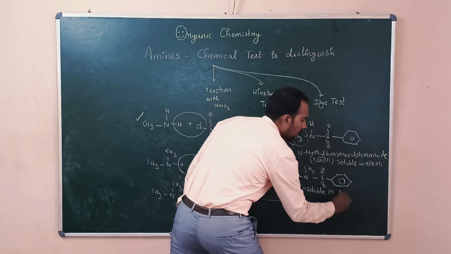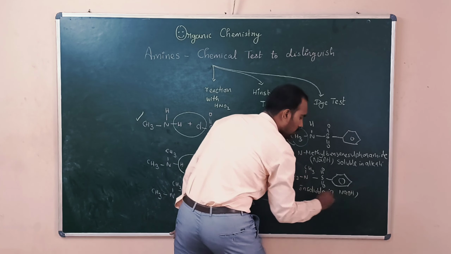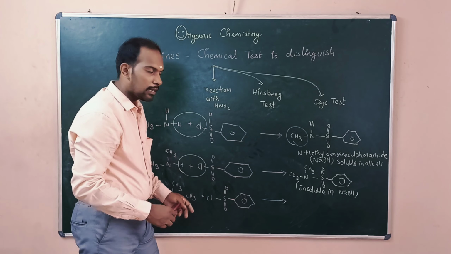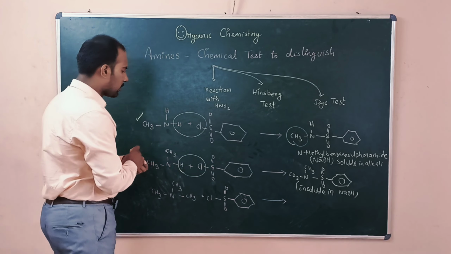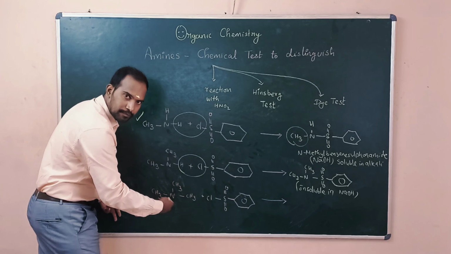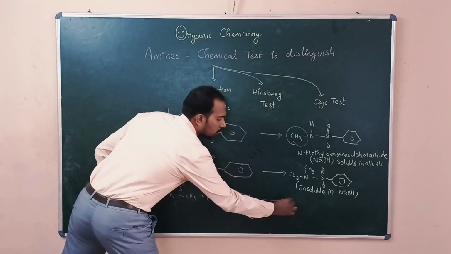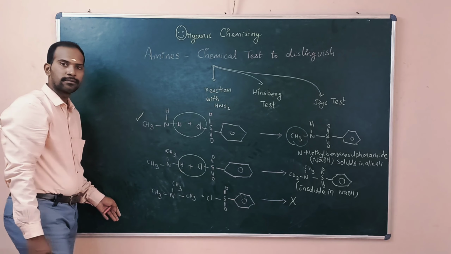Okay. It does not dissolve, so that is why it is called insoluble in alkali. Alkali means only base. Okay, fine. And tertiary amine does not react with this benzene sulfonyl chloride. Okay.